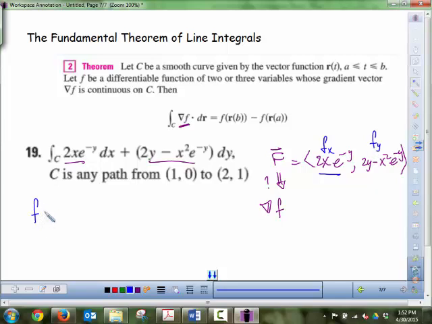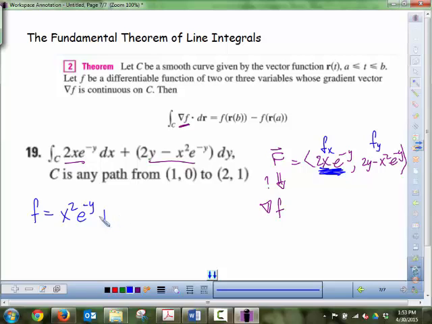So if we take the antiderivative of this with respect to x, treating y as constant, what do we get? X squared e to the negative y. That's it, and then we have to compensate for that.